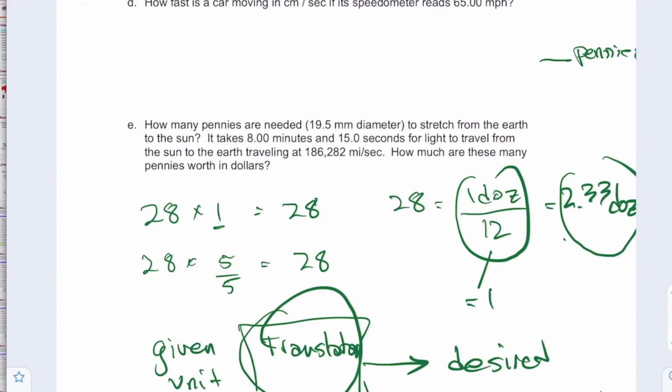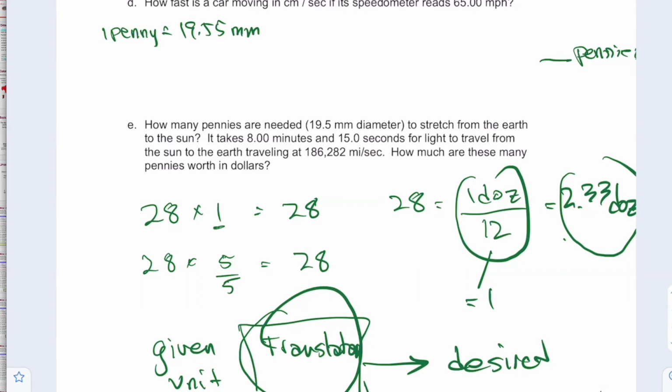A penny, 1 penny is 19.55 millimeters. That's a conversion factor. It's not implied, but that's what you have to read into. 1 penny has a diameter of 19.55 millimeters.